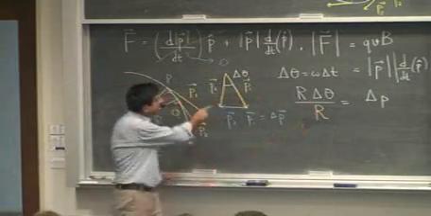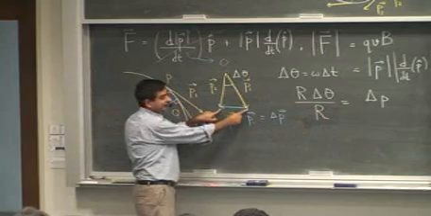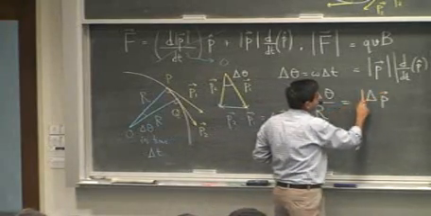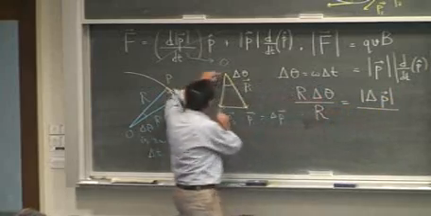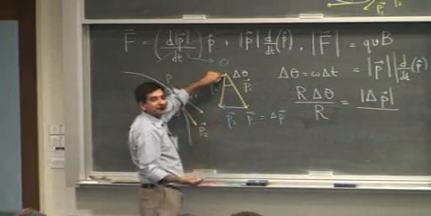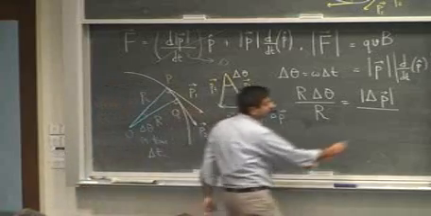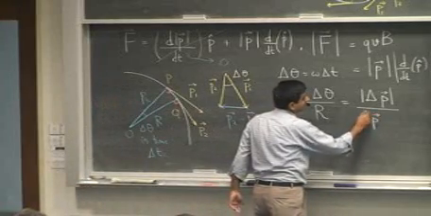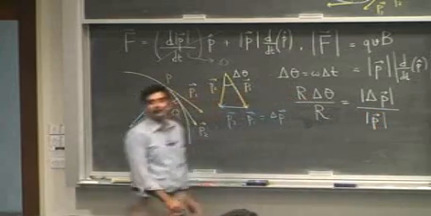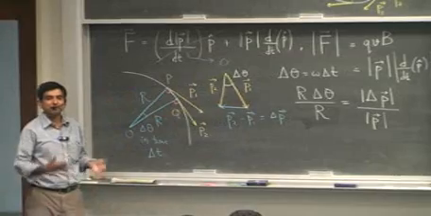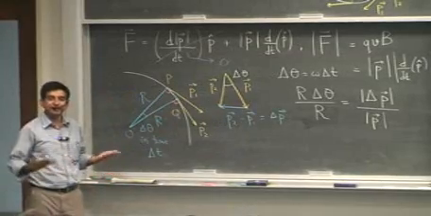Now I take this triangle, I take this vector, its magnitude is delta p. I divide this by this length, p1's magnitude, which must be equal to p2's magnitude. So I just write the magnitude of p here. This is just by comparing two similar triangles. The ratio of the equivalent sides is equal.